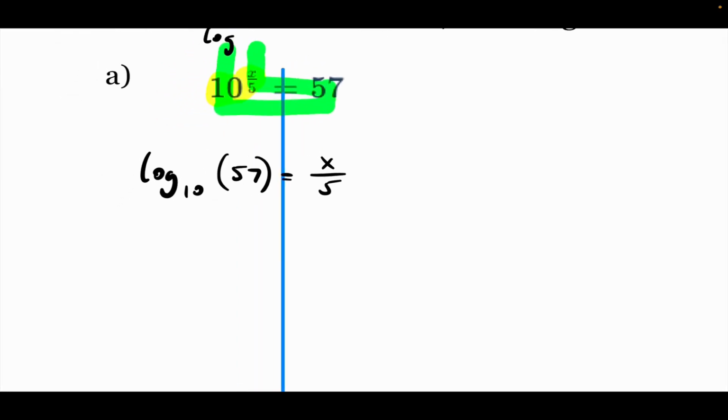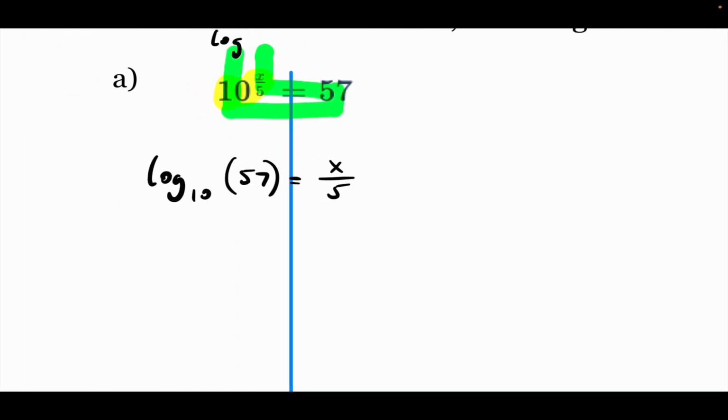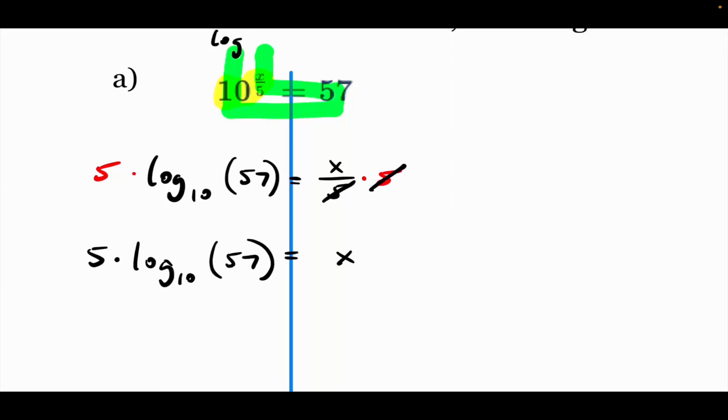Add, subtract, multiply, or divide? I'm going to multiply both sides by 5. Since it's divided by 5, the opposite is multiply by 5. So I get x equals 5 times log base 10 of 57.